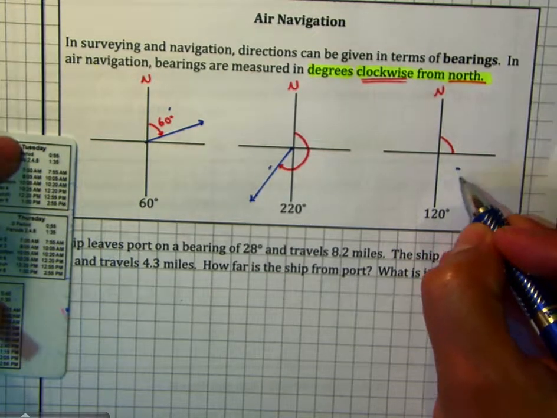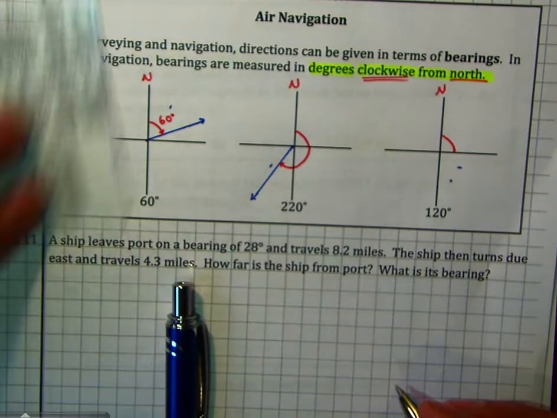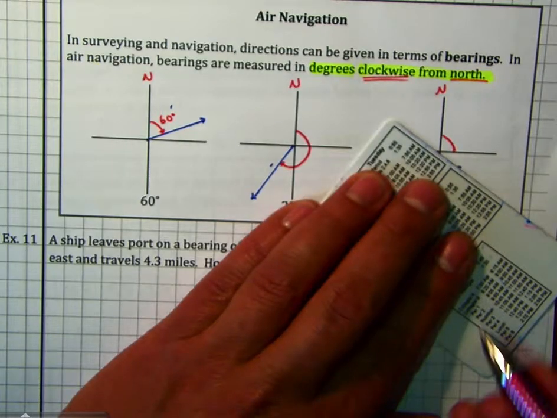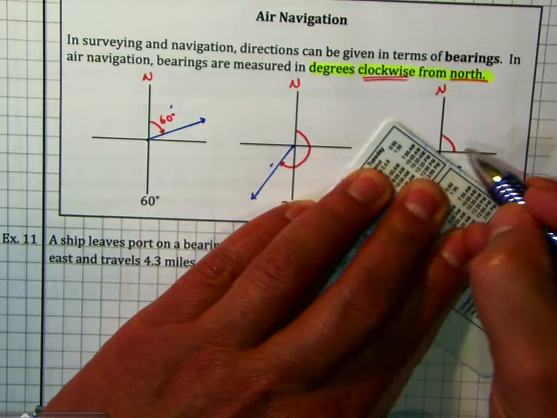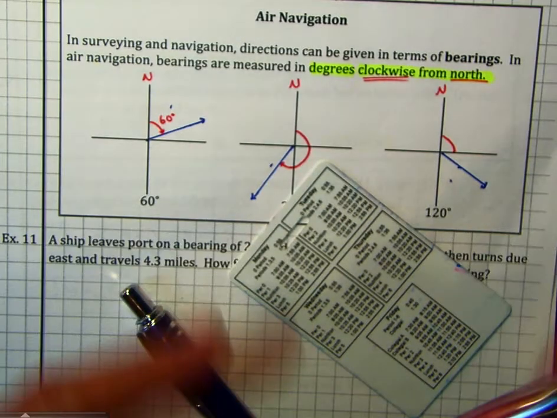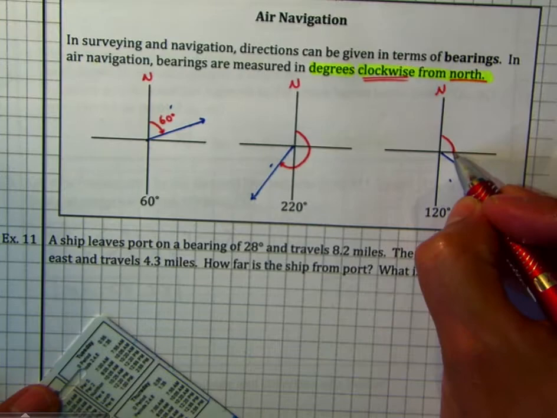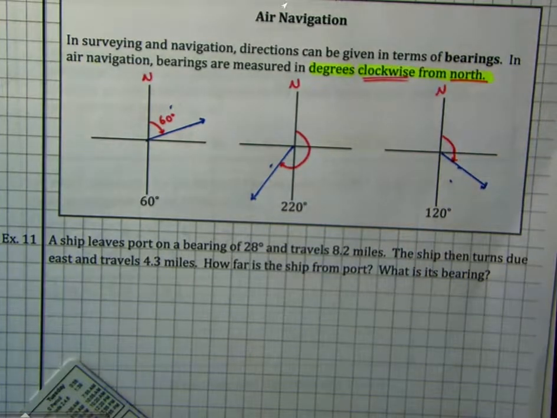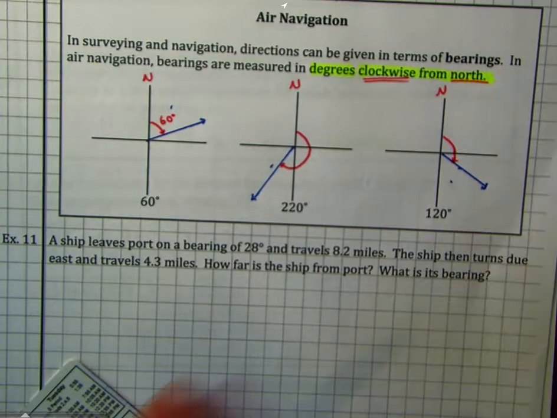So it'll be two dashes. So therefore we're going to go towards that, and that'll be 120-degree bearing. So from the north towards the right.